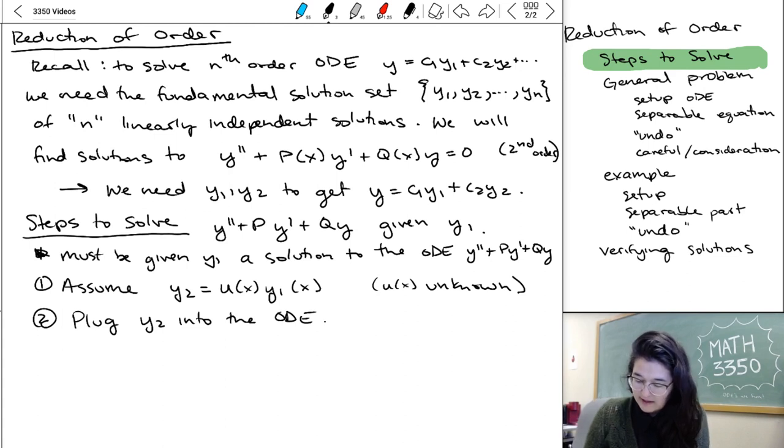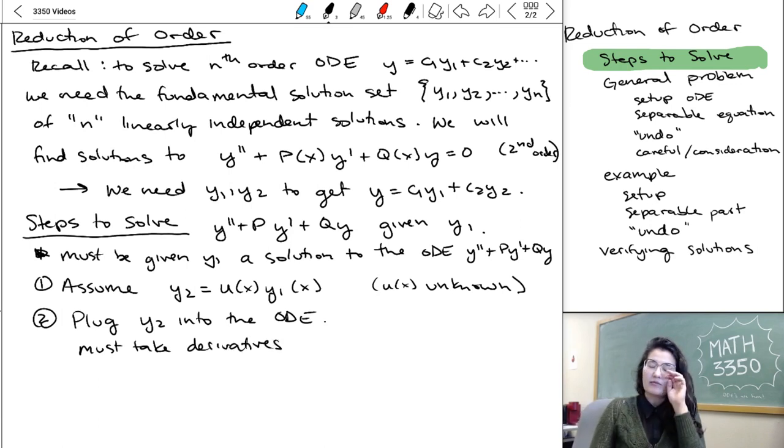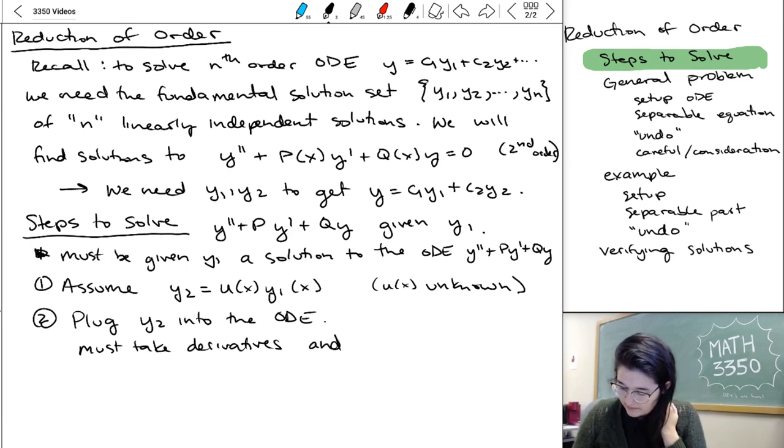That means we need to take derivatives, which, since we have a product of functions, might require the product rule. And then we just want to substitute y and its derivatives into the ODE.